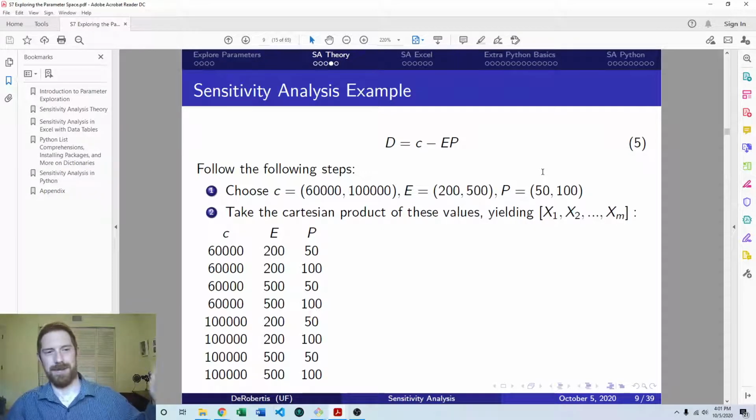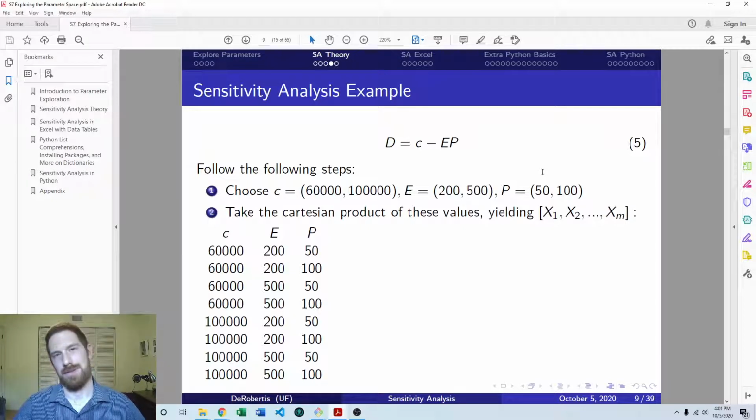Take the lowest and the highest values that you think would be reasonable to see in the real world, and then you can see the whole range between them. Here, just taking 2 demand constants, 2 elasticities, and 2 prices, and those are the values we're going to use in the sensitivity analysis.